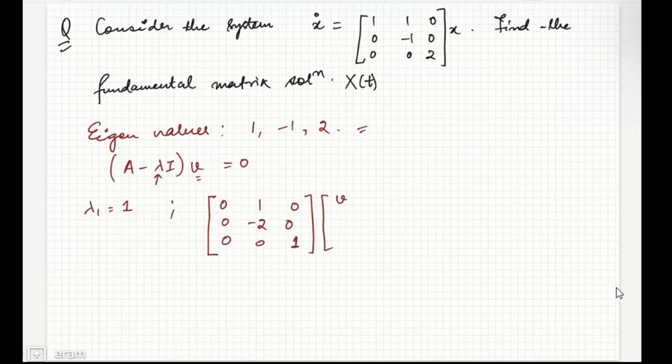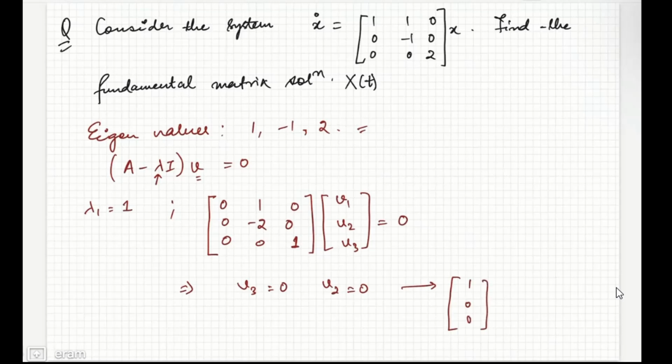Let's call the vector v1 v2 v3, equals to 0. This means v3 is 0, v2 is 0, and v1 can be arbitrary. So one vector that we can choose is 1 0 0.